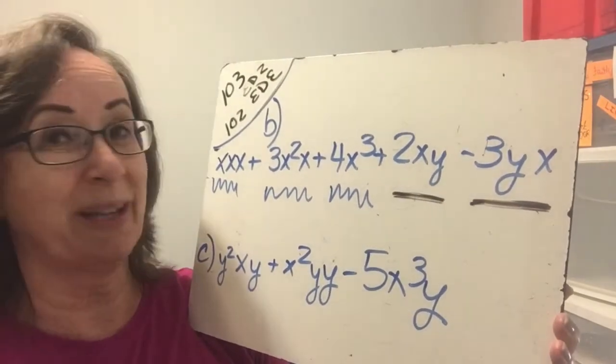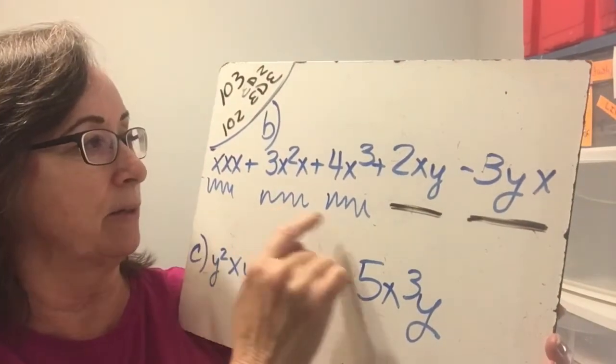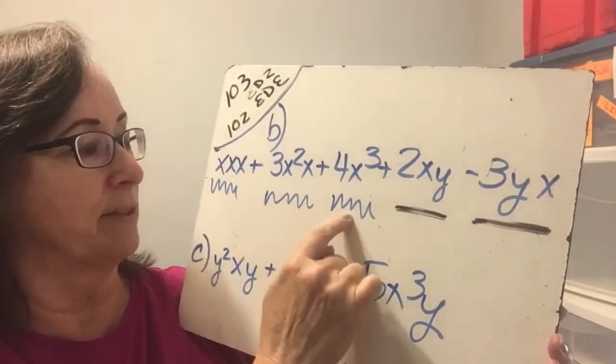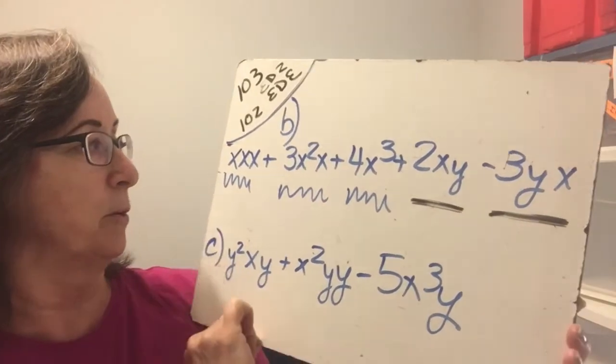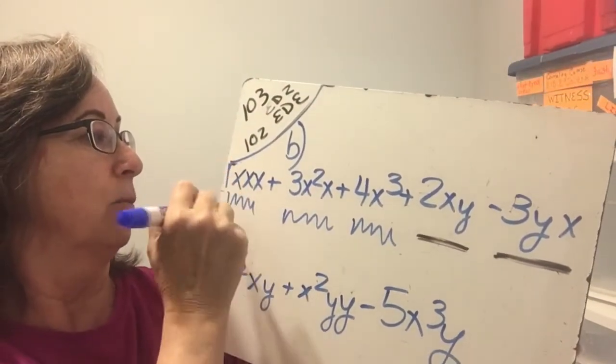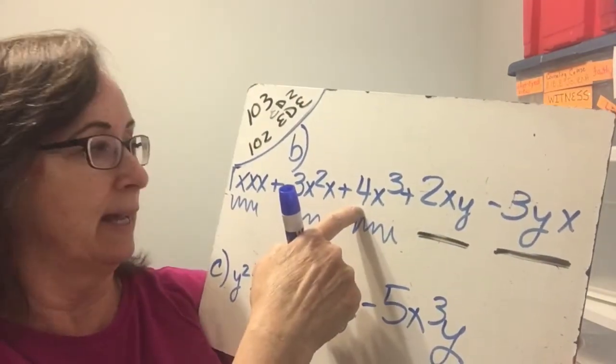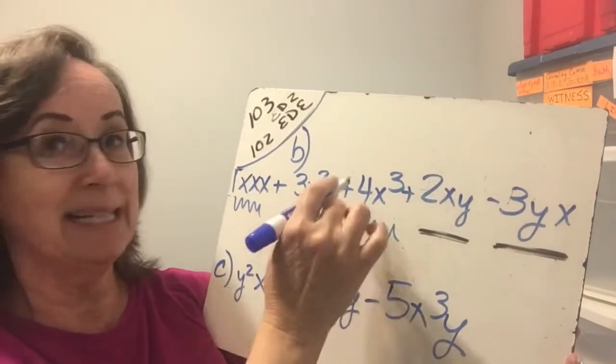So when we're going to put it all together, we would take all of our squiggle blues, since we have declared them all to be x cubed, and since this is just a 1 in the front, we have 1 plus 3 is 4, plus 4 more is 8. So we have 8x cubed.